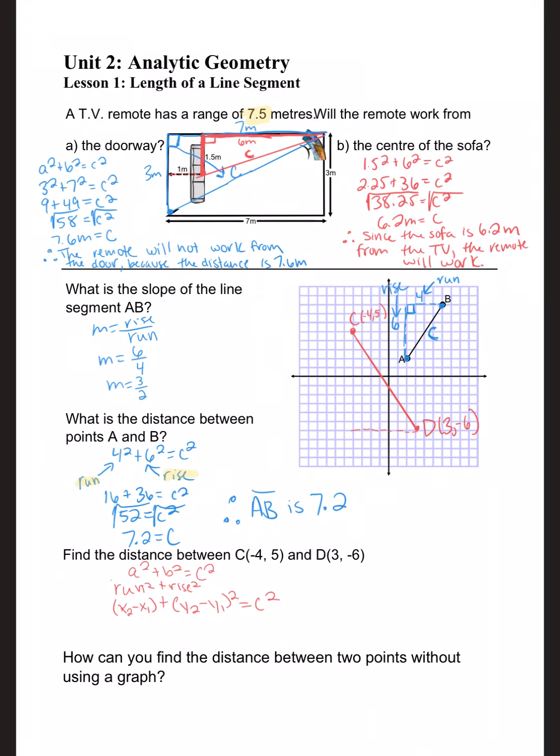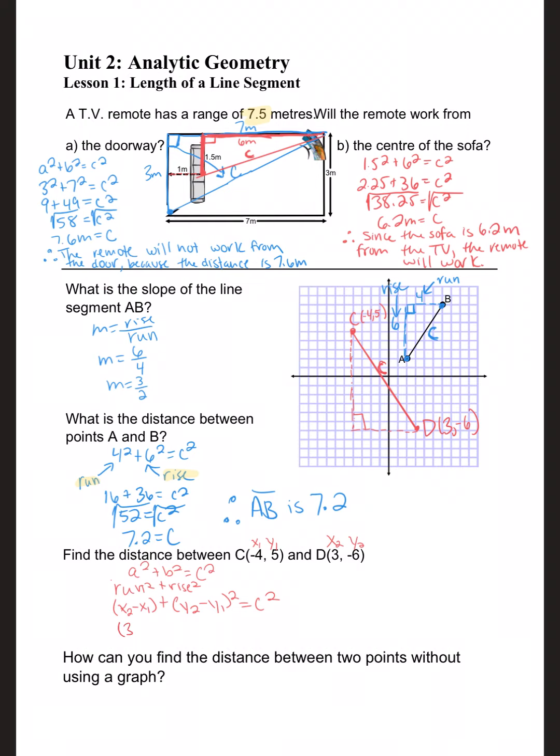So I could draw this on the graph, figure out my rise and my run, and that will help me find that side length of my triangle. But let's think about it from our points. We have x1, y1, just like we did when we were calculating slope, and x2, y2. So to figure out the distance horizontally, or my run, we would do our x values.